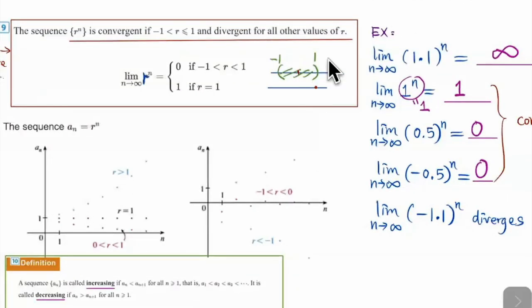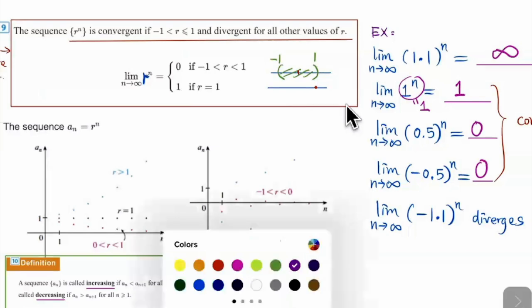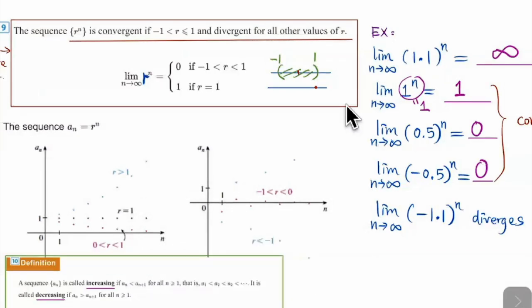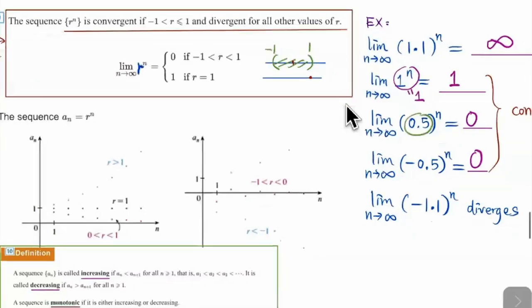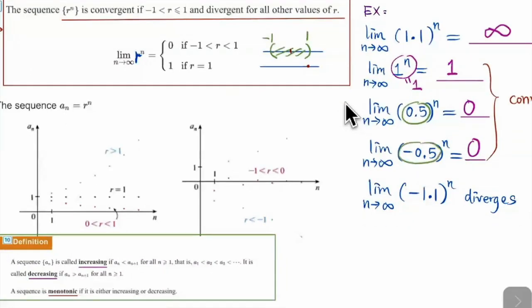If r is between negative 1 and 1, for example, like 0.5, that's between negative 1 and 1, negative 0.5, that's between negative 1 and 1, then the limit of that is equal to what? It's equal to 0. The limit of that is equal to 0 right here. Okay. So it converges to 0. When the base here is between negative 1 and 1, like this, n goes to infinity, it goes to 0. And then what happens when r equals 1? When r equals 1, which case is that?